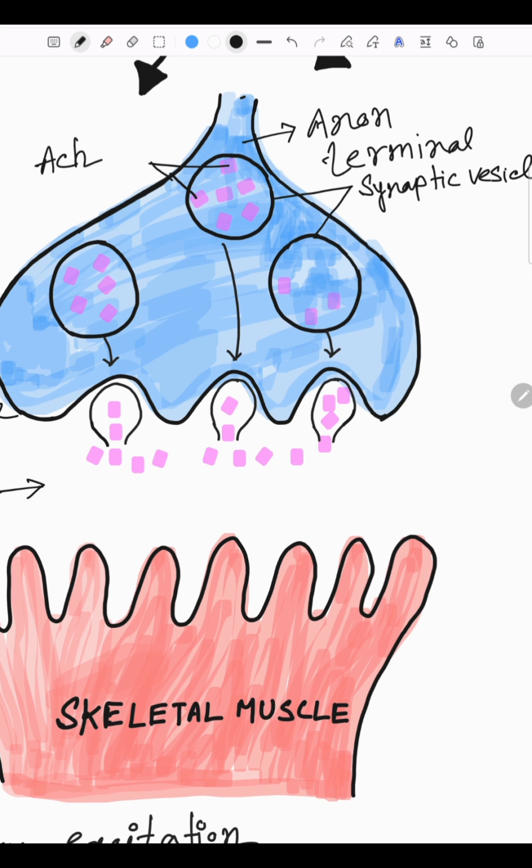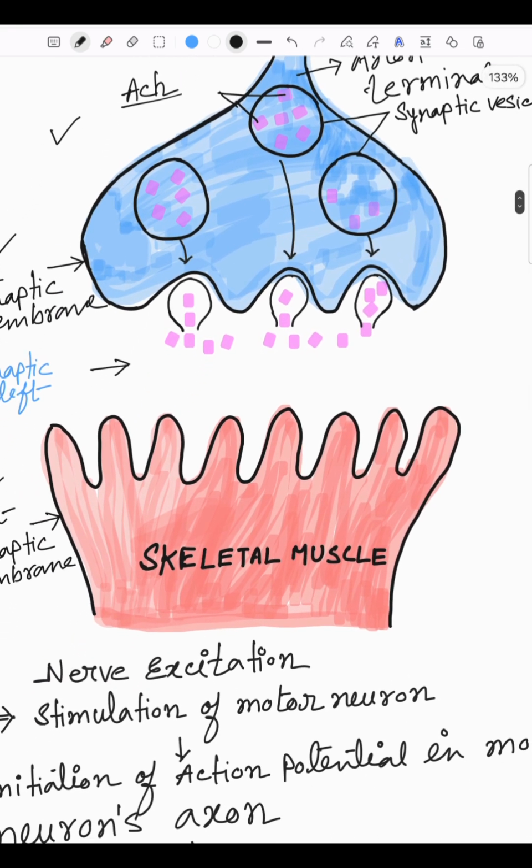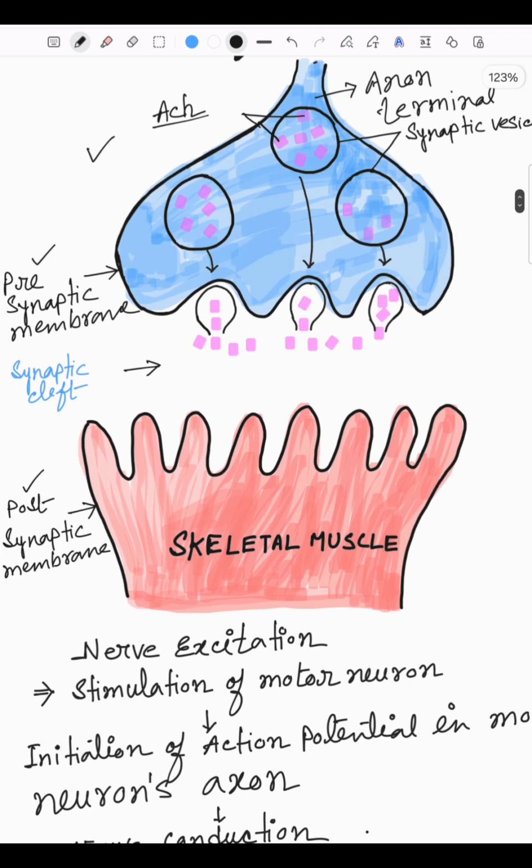The abbreviated form of acetylcholine is ACH. Now these acetylcholine molecules, for skeletal muscle contraction, have to be released into the synaptic cleft. For the release of acetylcholine, we need to perform vesicular transport.